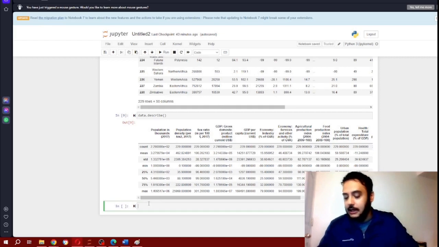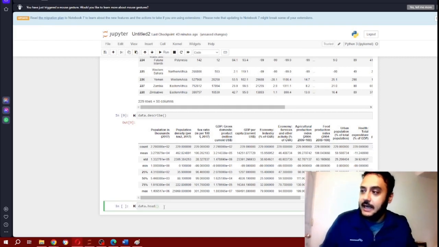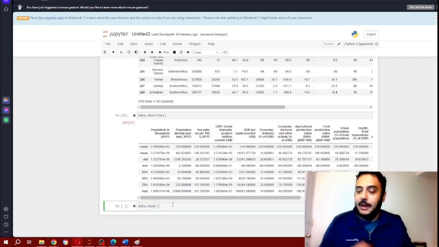You can also do data head, just another maintain function. These are methods.